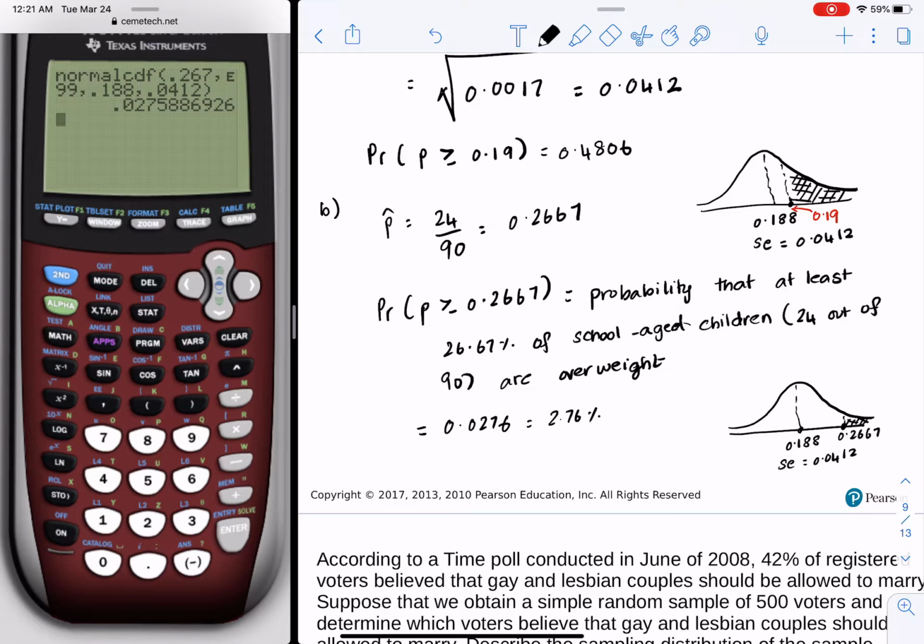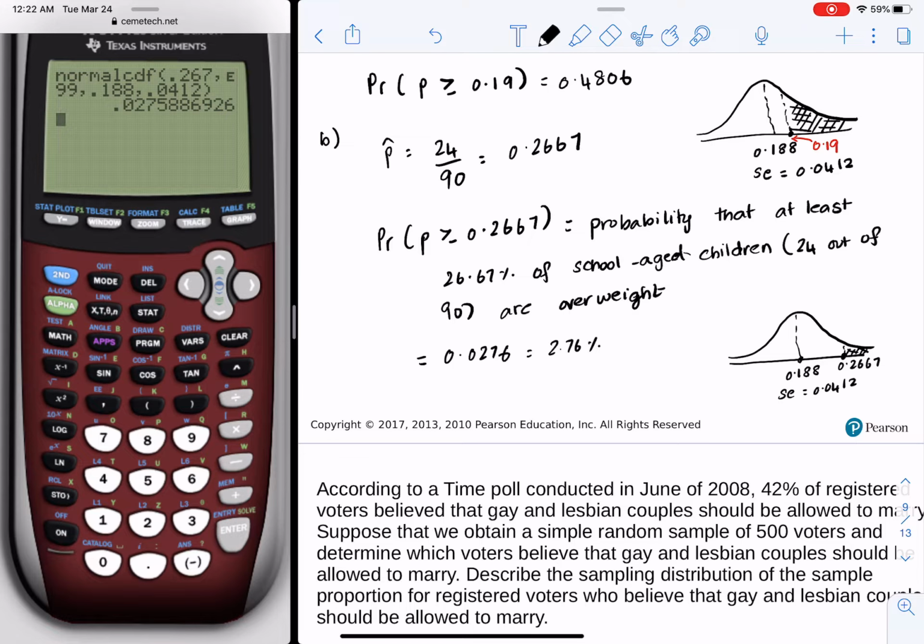So for us to make a statement that the event that 24 out of 90 school-age children are overweight seems to be unusual. It's a very small probability.